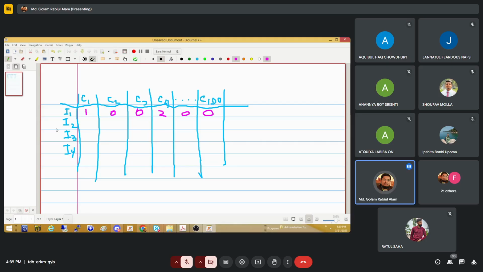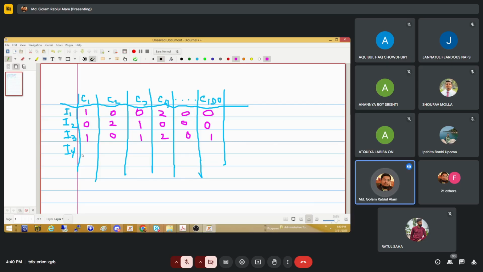Then another author, author number 2, has no paper in conference 1, but 2 papers in conference 2, and 1 in conference 3, and 0 in conference 4 and all others. For author 3, maybe he has published 1 in C1, 0 in C2, 2 in C4, and maybe 1 in another conference, like this.